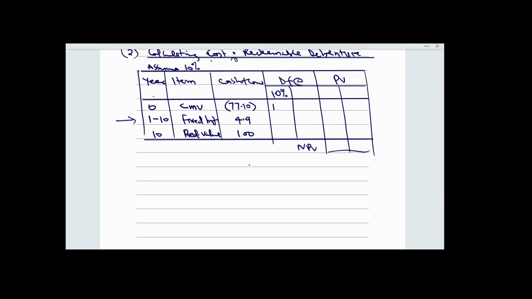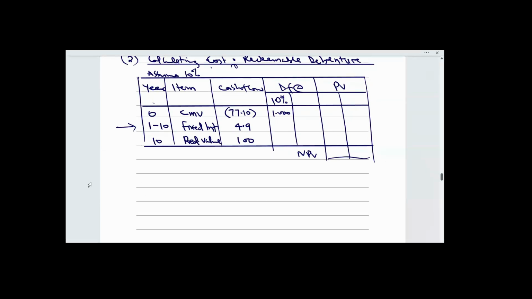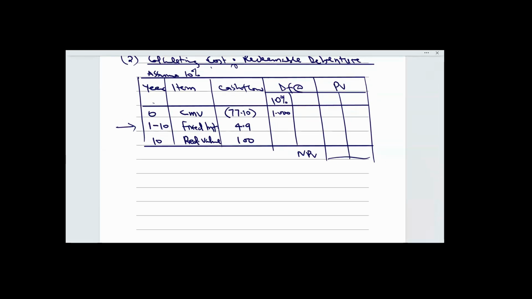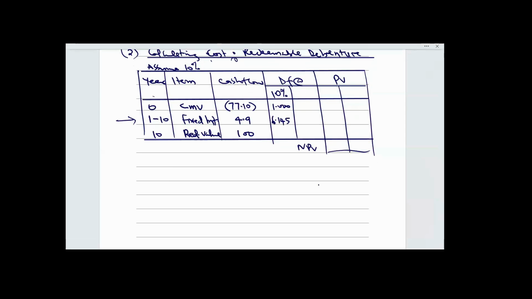So somebody should give me the annuity factor of year 1 to 10 at 10%, quickly. 6.145. Thank you. Then I need the discount factor of year 10 at 10%. Discount factor 0.386. Thank you.